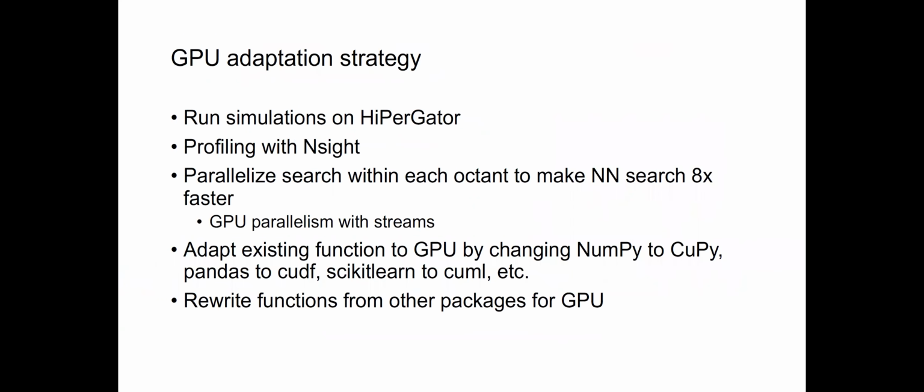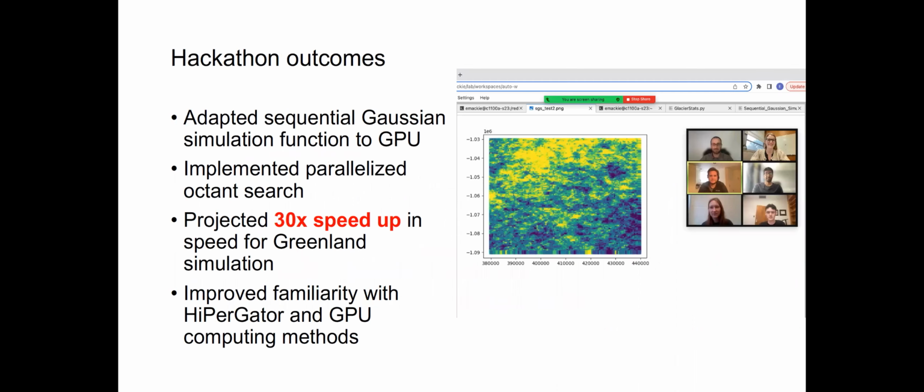So our approach was to get our simulations running on Hypergator, the University of Florida supercomputer, profiling analysis, parallelize the octant search and make it 8 times faster, then adapt our simulation algorithm to GPU by changing some of the packages and rewriting other functions from non-GPU compatible packages in a GPU compatible format. So over the course of a few days, we were able to get a simulation algorithm running on Hypergator on a GPU, and we implemented the parallelized octant search.